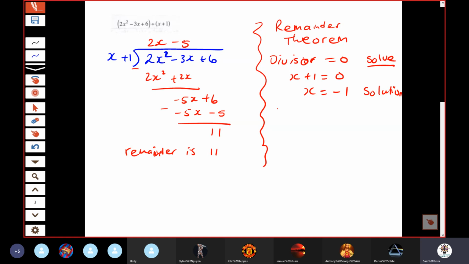If I sub that solution into the polynomial p of x, I will get my remainder.